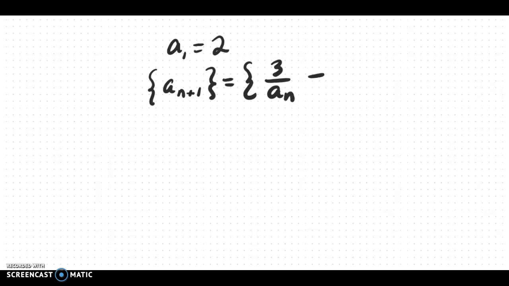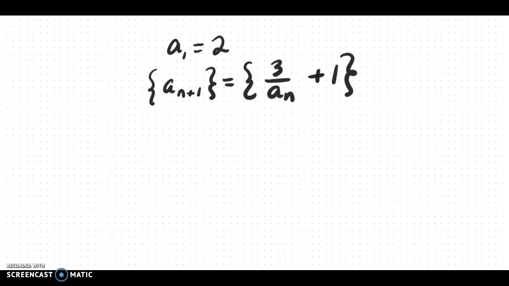The question says, for the sequence defined where the first term is equal to 2, and then you have this notation, which means the term that follows, n plus 1, is the next term, is equal to 3 divided by the previous term plus 1. So that's what this notation means.